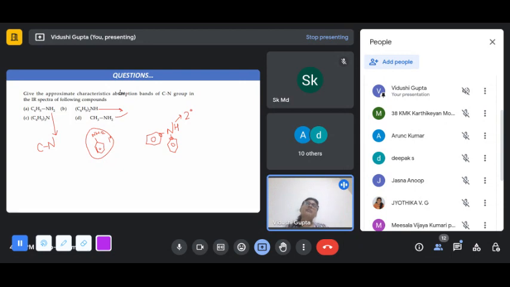Now you know that for primary, secondary, tertiary, the value will be different. Here it is a primary amine. So what will be the absorption band of the CN group in this? Just tell me a rough range.